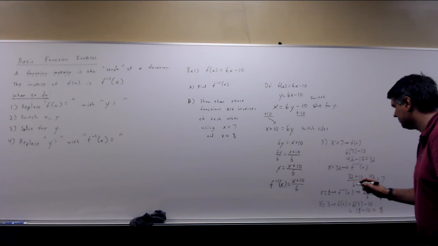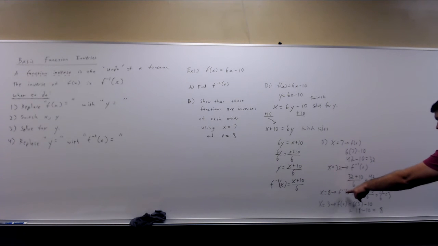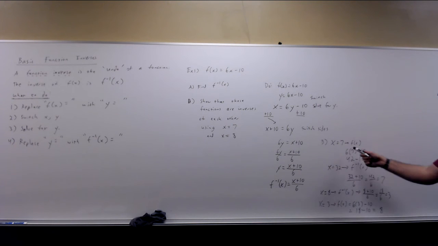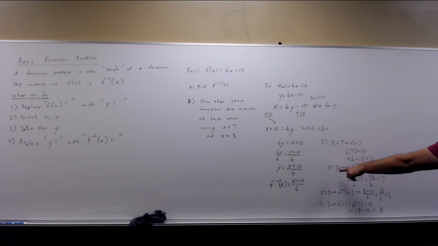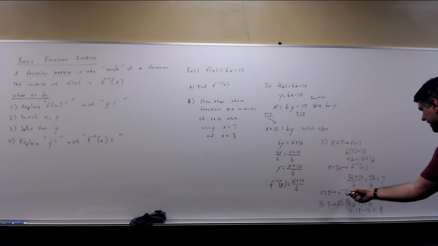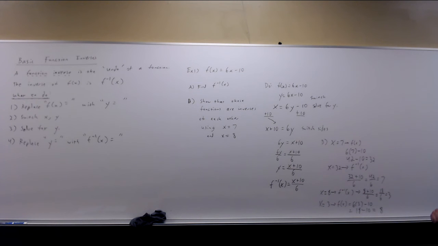So when I plugged x equals 8 into f inverse of x and then back into f of x, I got 8 back. So these are undos of each other. You plug 7 into f of x, and then back into the inverse, you got the original back. If I plug 8 into the inverse, take the result and plug it into the original function, I still get 8 back.